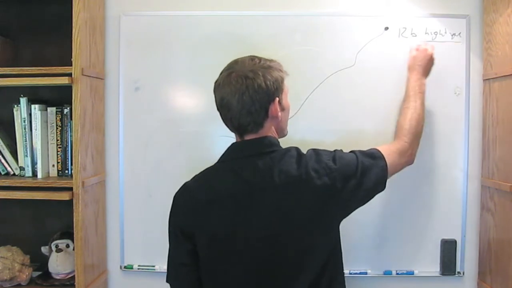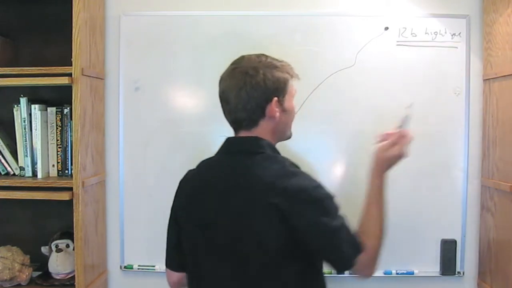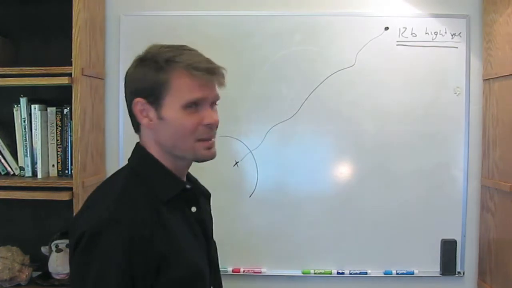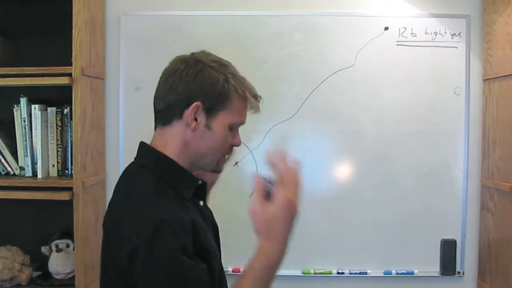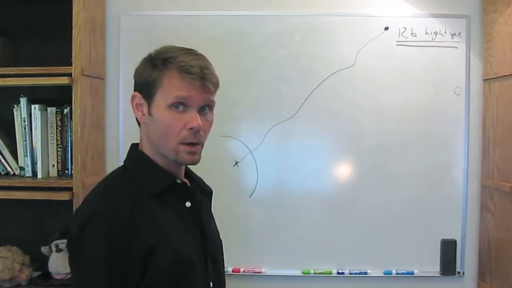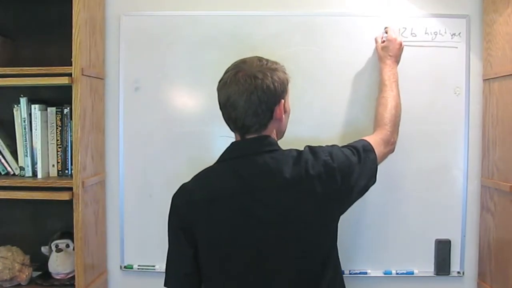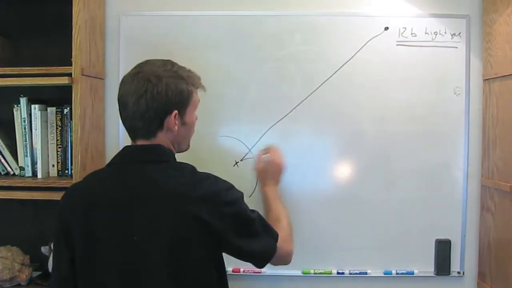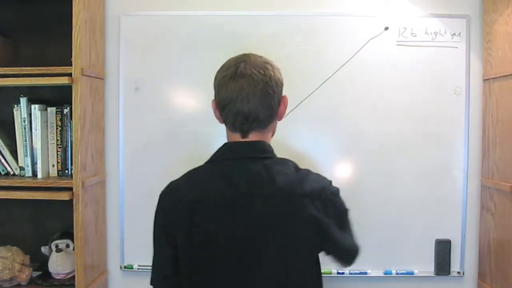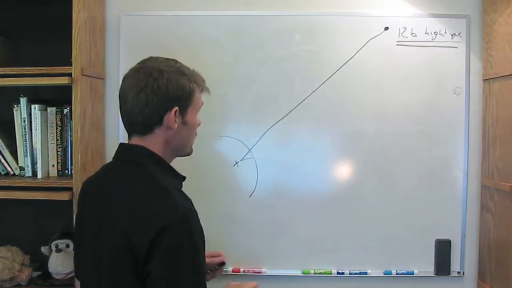This is an incredible distance. This type of distance is not something that we can even fathom as the scale of creature we are. But yet we model this as being a straight line from 12 billion light years away to the place on the Earth where it's observed.